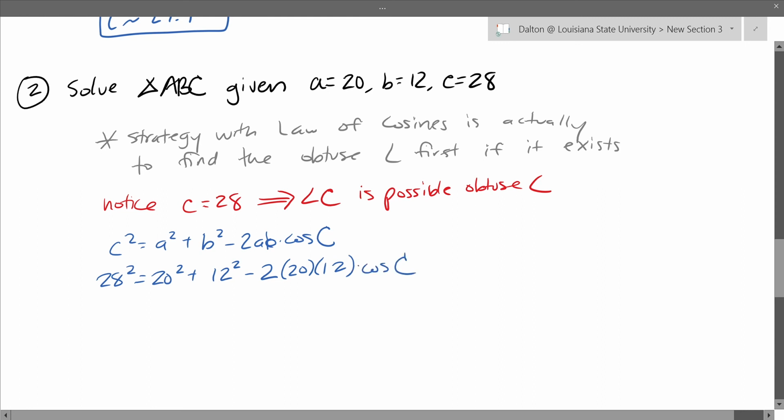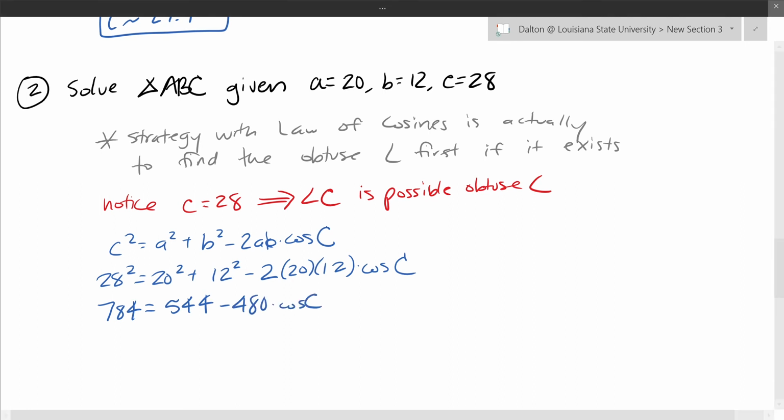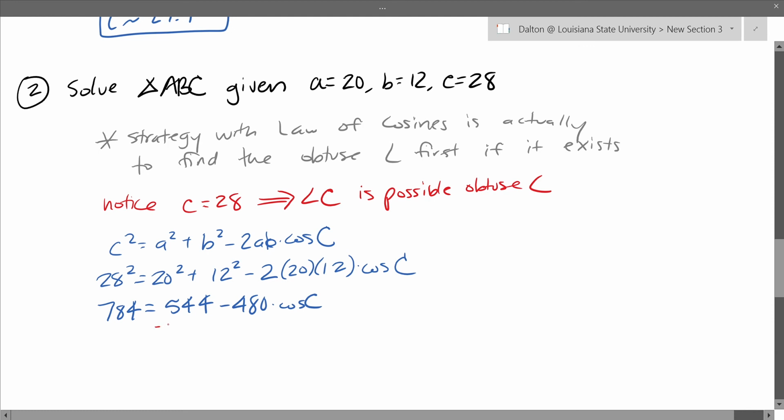So 28 squared is 784. Then 20 squared plus 12 squared is 544. And negative 2 times 20 times 12 is negative 480 times the cosine of C. And then we'll go ahead and subtract 544 from both sides.